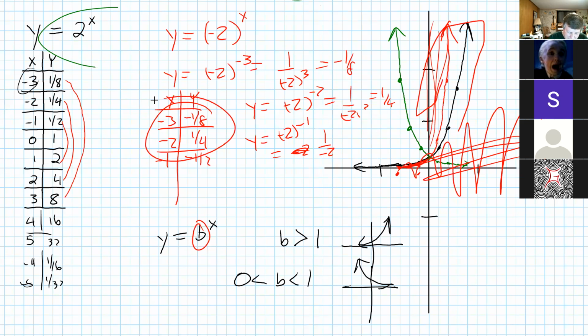Let's say that x was -2.5. What happens then? I guess then the numbers would all end up... Yes, exactly.